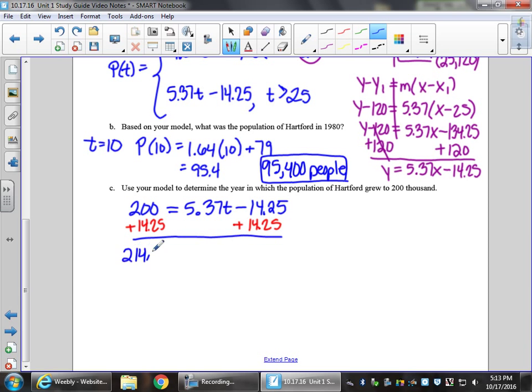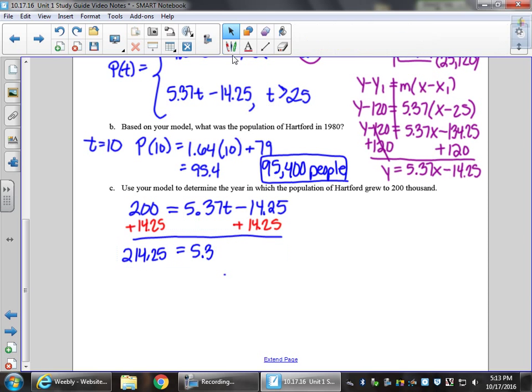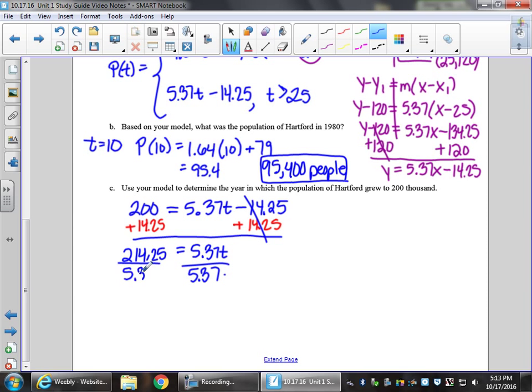So 214.25 equals 5.37 t. Divide by 5.37 on both sides. 214.25 divided by 5.37 is 39.89.